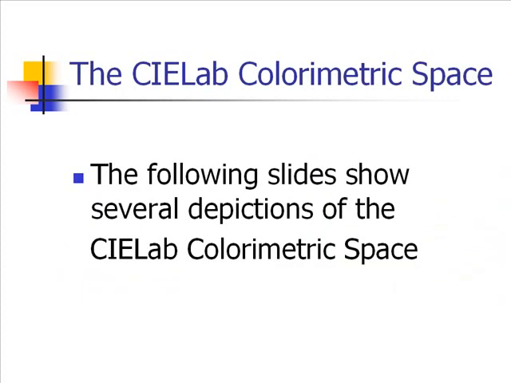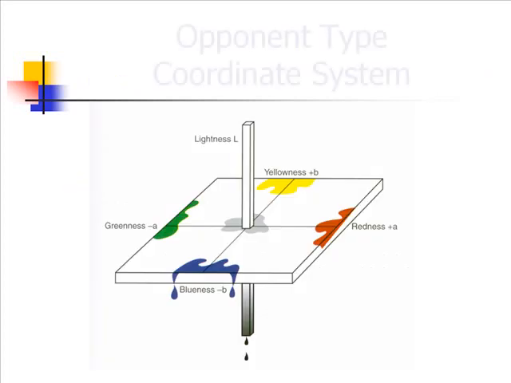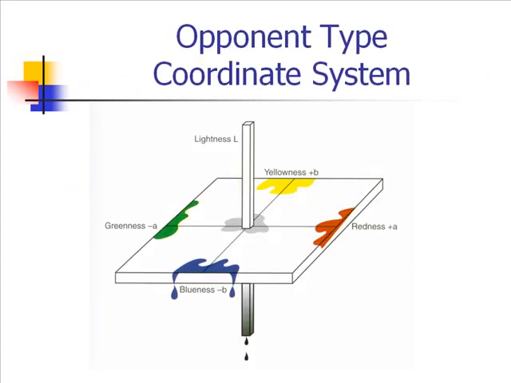This is probably the most typical way that we describe the LAB system, our opponent type coordinate system. It's similar to the chromaticity diagram in that we can think of, in this case, they're not horseshoe shaped, they're, in this depiction, square, although we'll see that's not quite right.